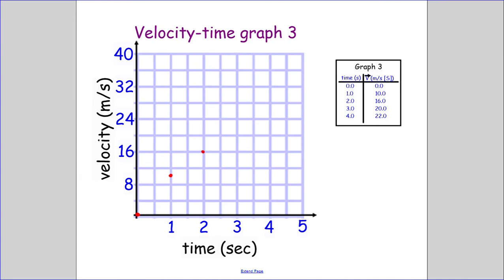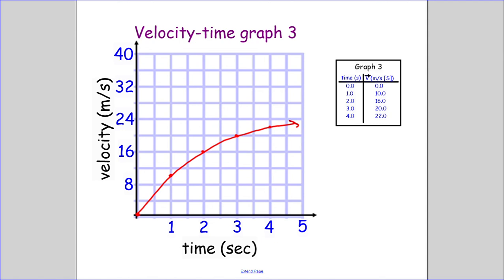We have 3 and 20, and then we have 4 and 22. And so now if we were to take a look at this graph and I start to connect these together, it kind of looks like this curve shape that starts to happen. So basically it goes up and then starts to curve over, right, as it's moving.